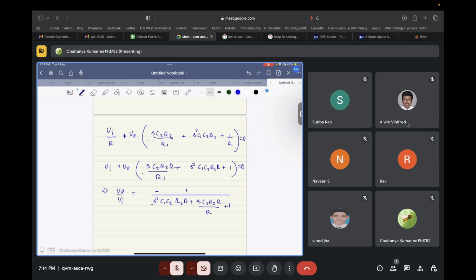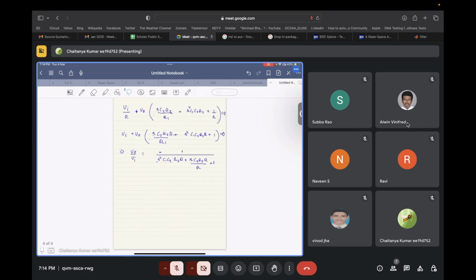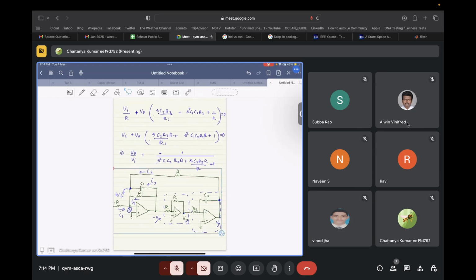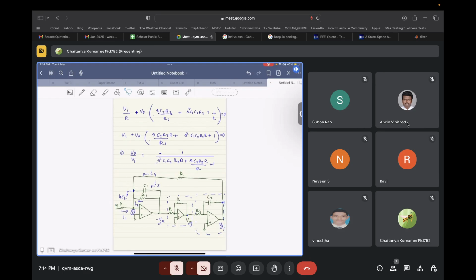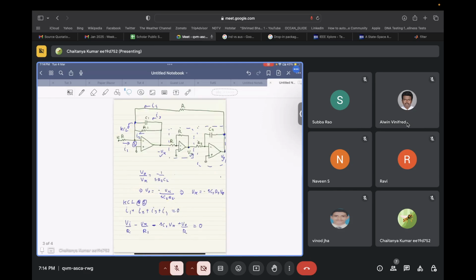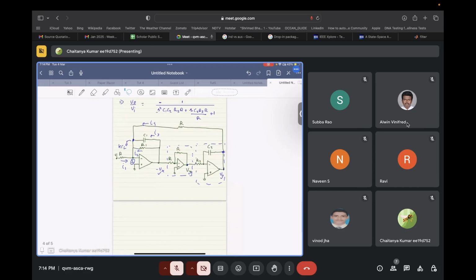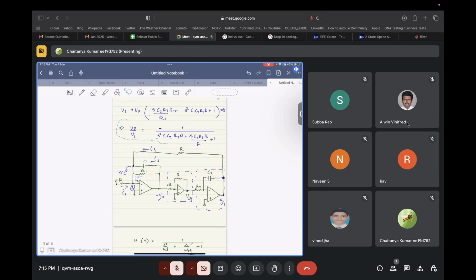So let's try to put this circuit over here again. Now this is the circuit over here, and what was the transfer function that we required? We required the following transfer function. Let's put this also over there.